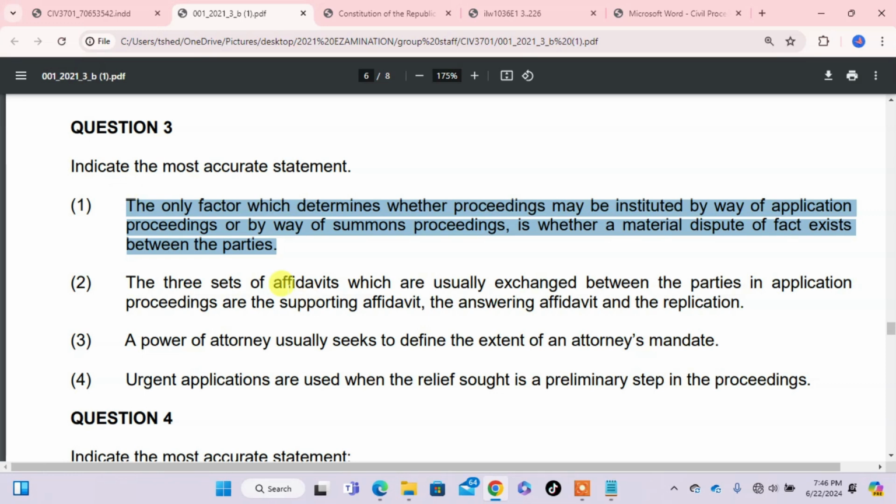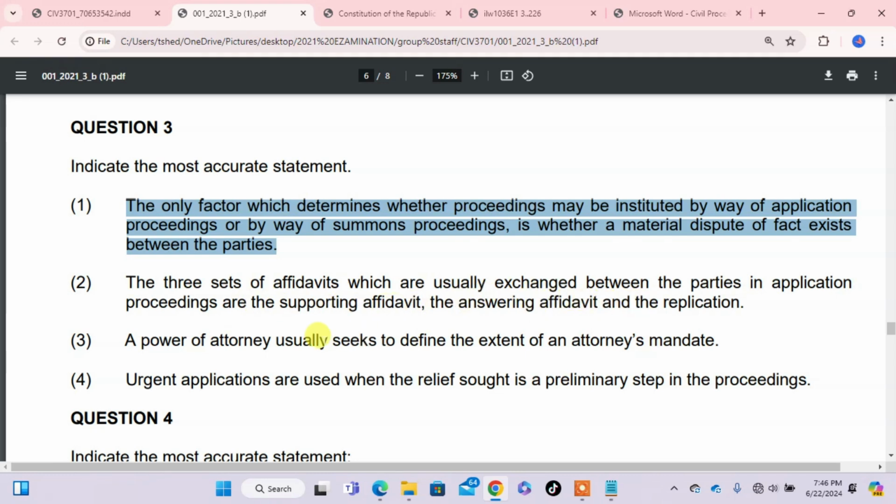So before I prove, I want to show you something, because this case mostly is dealing with applications. There are three sets of affidavit, the supporting affidavit, answering affidavit, and the replication.